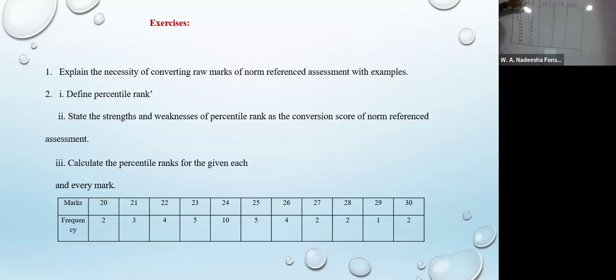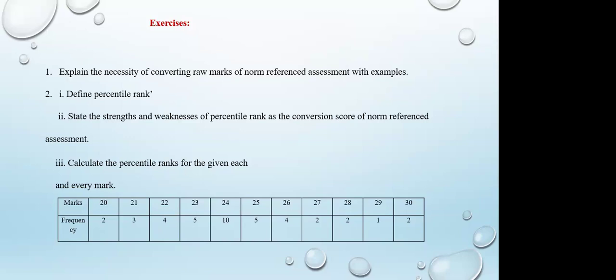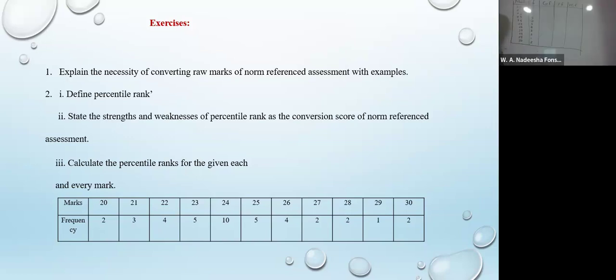Okay, here marks are here, then frequency is here. Then we have to take the cumulative frequency. From where we have to add? From here or here? Upside from 20 marks or from 30 marks? From 30 marks. No. Here the data are in the ascending order, not descending order.